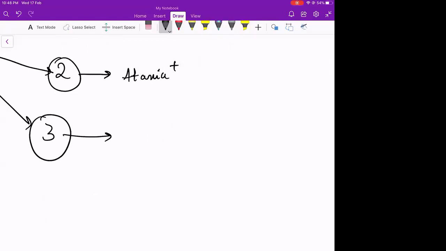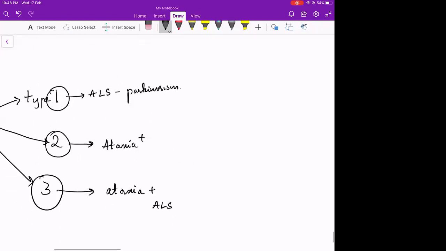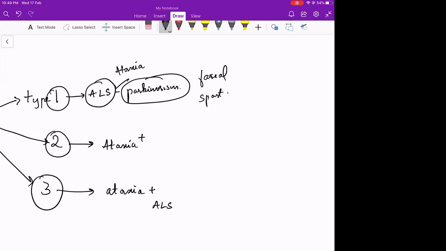The patient in type 3 will have ataxia plus ALS symptoms. The important difference is that in all three the patient will have ataxia also, but it is less common. But ALS will be predominant. The patient will have Parkinsonism features, symptoms like facial fasciculation, and spastic gait.